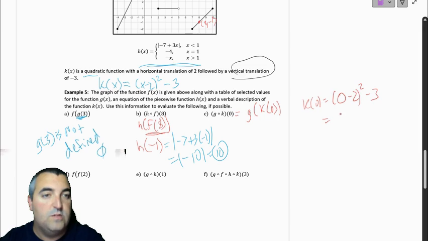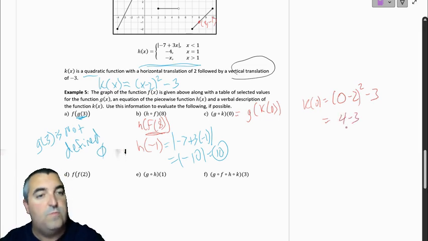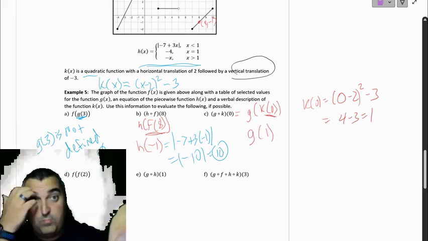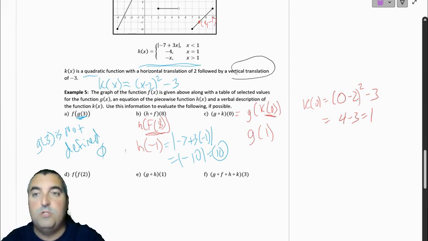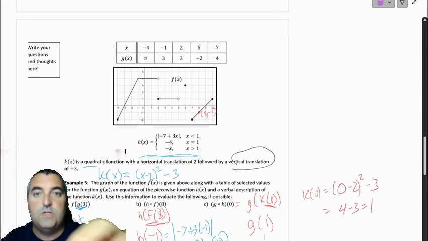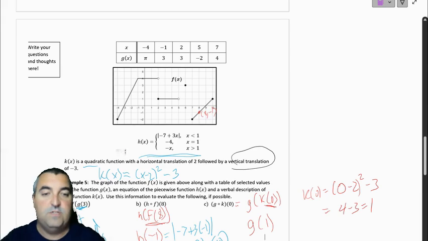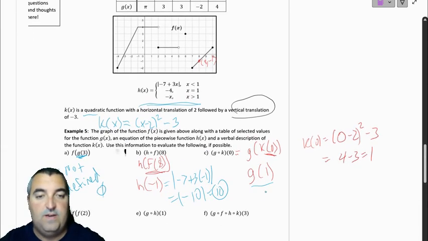This would be minus 2, but then it's squared, so it's 4. 4 minus 3 is 1. So k of 0 is 1. So I will replace it with a 1. And then I'm going to do g of 1. g is the table, and unfortunately, g of 1 is not defined. So there is no answer.